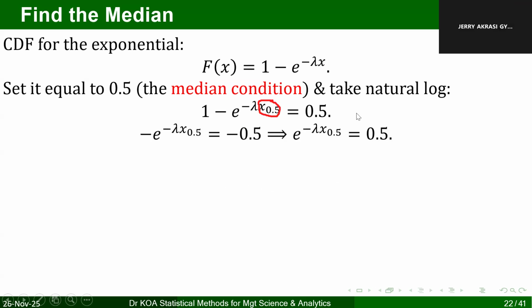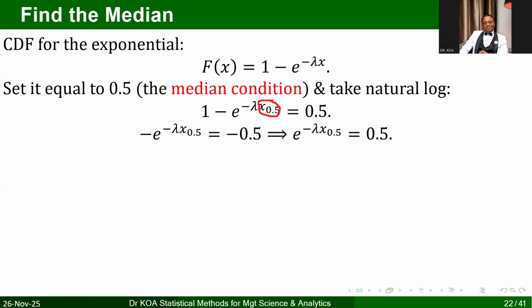That will give you something like this. So you now have minus 0.5 on the right side, and on the left side this 1 is gone. If you cancel the negatives on the left side and the right side, you'll be left with positive values here. The question is, how do we find x subscript 0.5? Well, at this stage, there's something you can do.